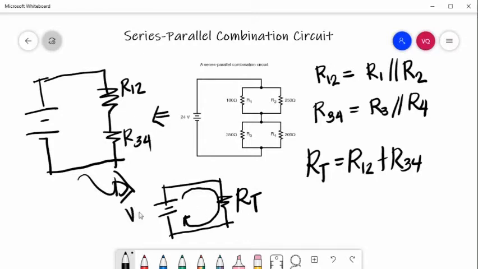This is your terminal voltage or source voltage, your total resistance now, and your total current. We will try to solve the total resistance of this kind of series parallel combination.